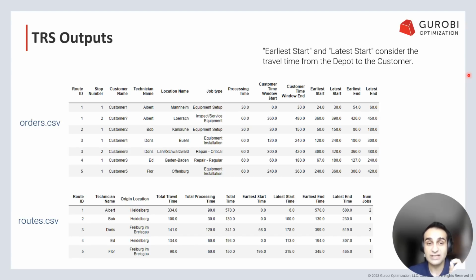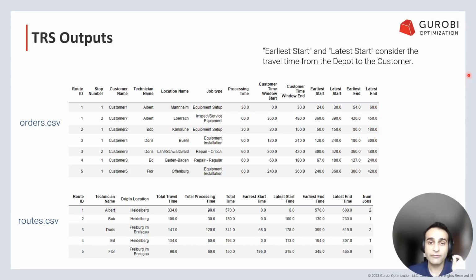We see that the latest time that Bob can arrive at the customer is 150. So for each job, there is a bit of wiggle room. In this case, Bob can go to the job anytime between 50 and 150, and that's totally fine.